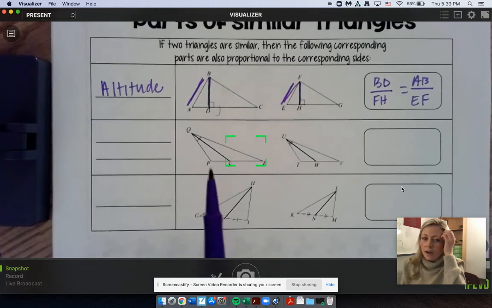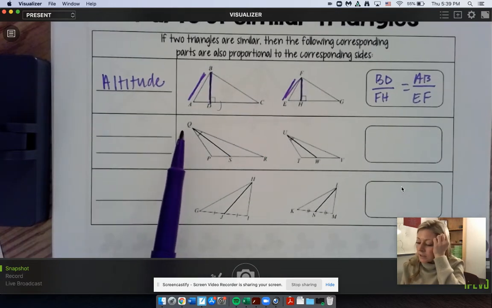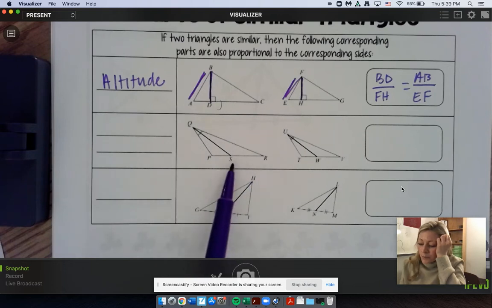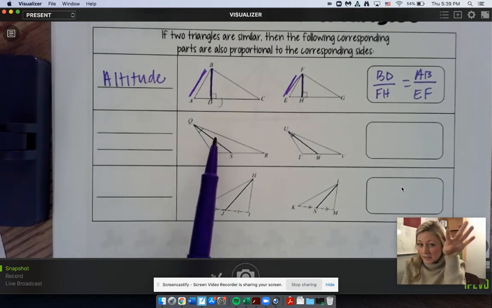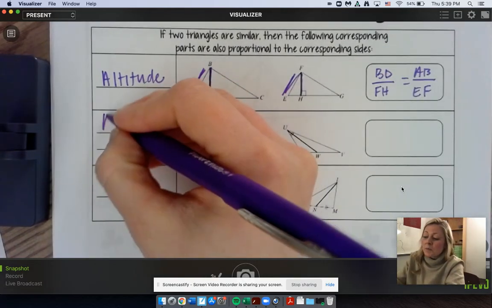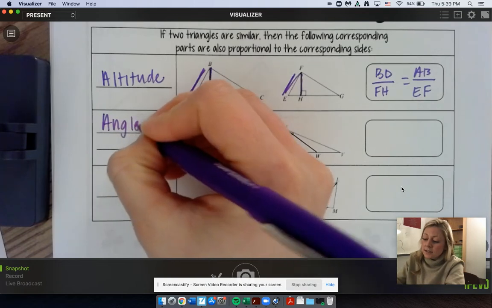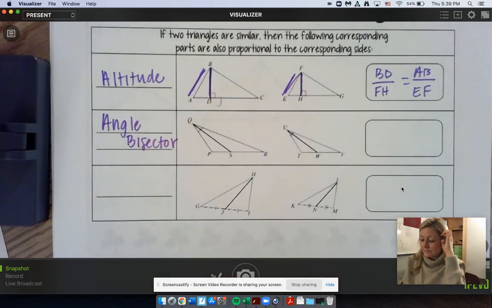What do we call a segment that goes from the vertex to some random point but cuts this angle in half? That's the key thing: it's cutting the angle in half. Hopefully you're thinking angle bisector. If you got that, good job. If you didn't, still good job. Still proud of you.